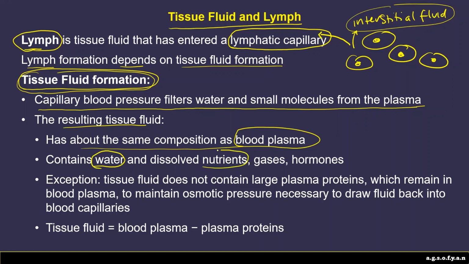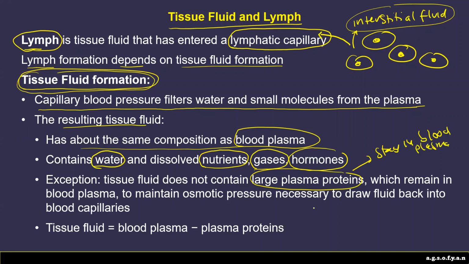Dissolved nutrients, the ones that are filtered from the plasma, gases, so oxygen, carbon dioxide, hormones. And the exception is that tissue fluid does not contain large plasma proteins because these large plasma proteins will stay in blood plasma.